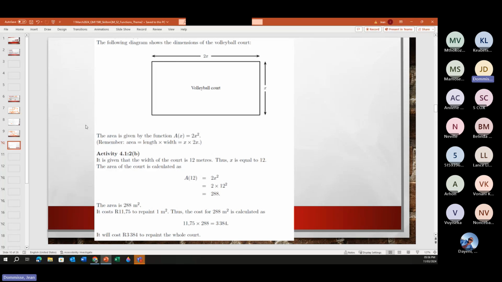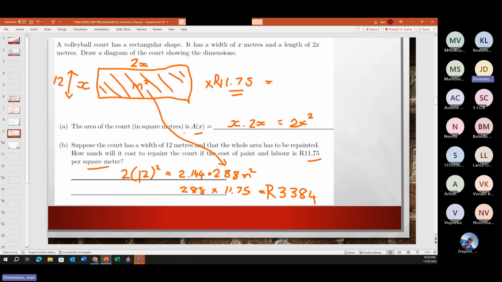They love to ask these types of questions, where they give you information and you need to look at it, and then put the words into an equation. They really love to do that.